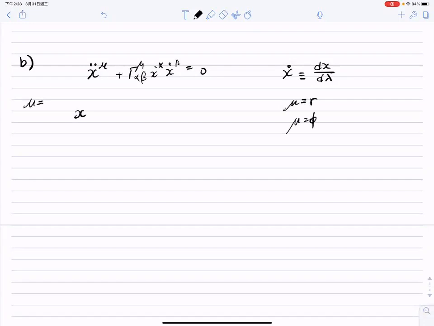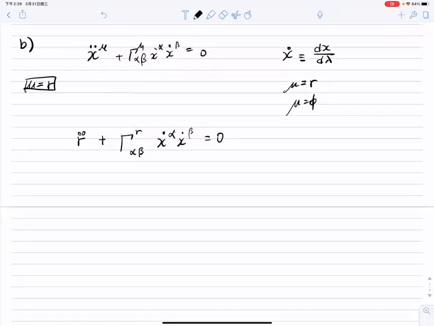So let's talk about the first case when mu equals r. It would be x double dot r, which is r double dot. You can directly write it in this form, plus the Christoffel symbol Gamma r alpha beta times x dot alpha x dot beta equals 0.